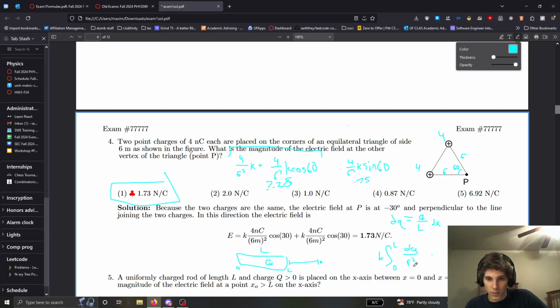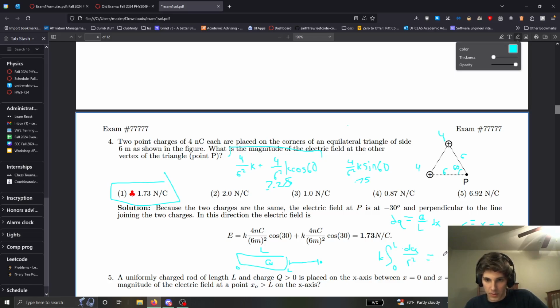So also r squared. r is equal to this x0, where we're at, minus how far we've gone into the rod already, which is just the x here.